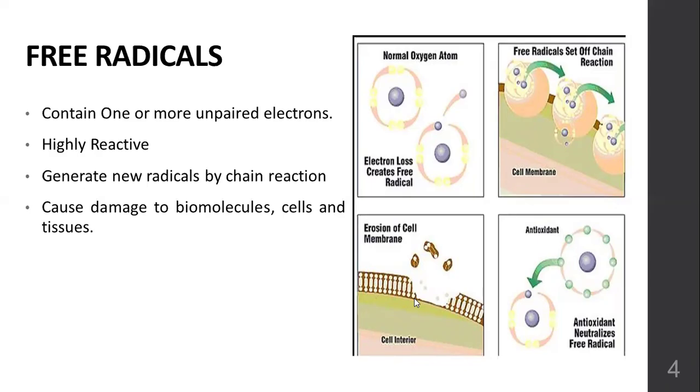And if the cell membrane is disrupted, what will happen? Cell wall is the structural integrity of your cell. It holds the content of your cell together. So just imagine the cell membrane got eroded. What will happen?